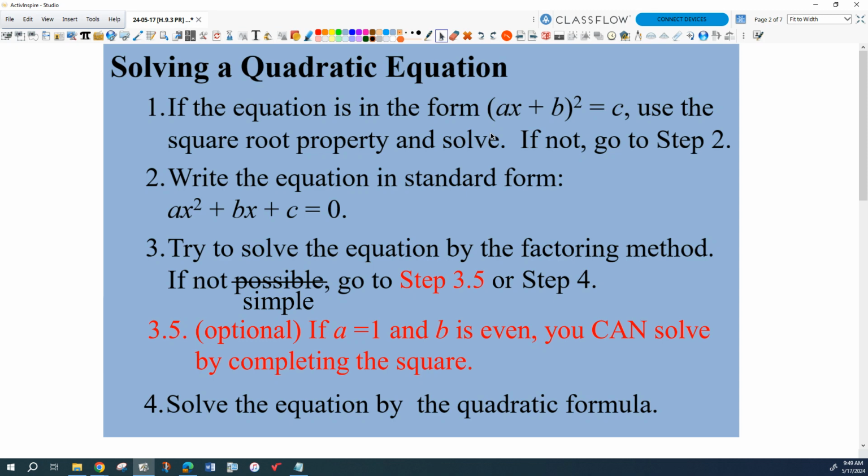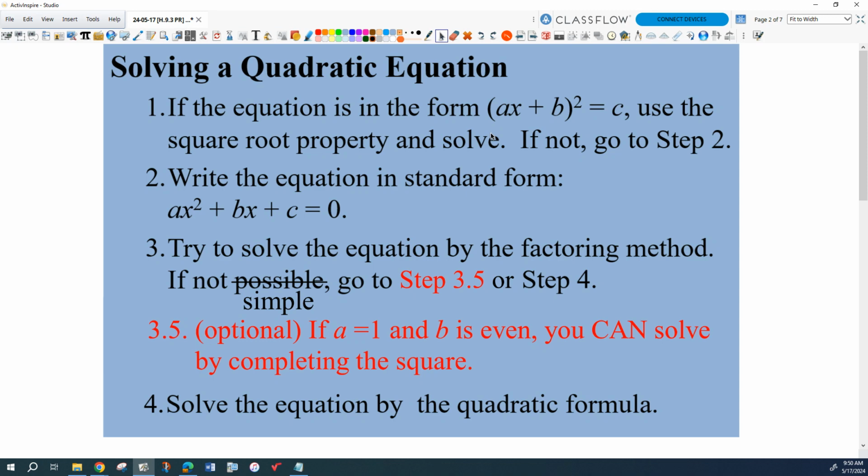Then we would try to solve the equation by factoring. Can we find magic numbers? When do you bail on factoring? I think you could just say, if A is not equal to 1 and there's no GCF, a lot of times people just think, what's the point of factoring, which is totally reasonable.